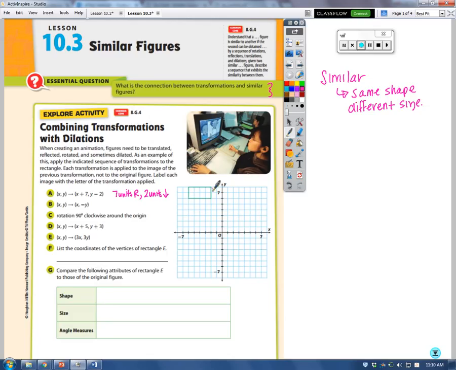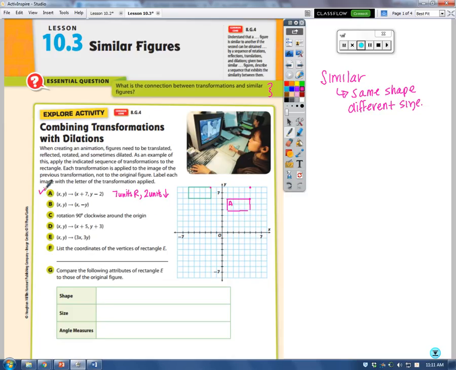We're going to go 7 units to the right. So I'm going to just use this corner right here. 1, 2, 3, 4, 5, 6, 7, and 1, 2 down. And so then you want to make sure that you translate each of those points that same amount. So this would be rectangle A. And we know it's A because it is our transformation A.